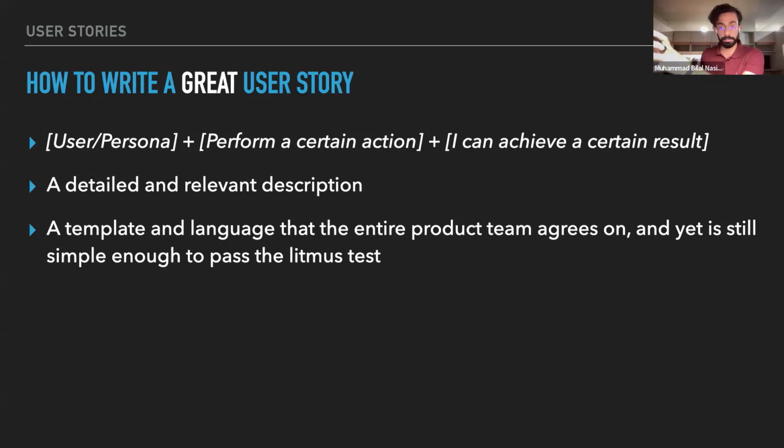And the third thing that adds, I would say, like the cherry on top, is the template and language that the entire product team agrees on, and yet is still simple enough to pass the litmus test. The litmus test that we saw at the start of the presentation should be good enough for a user that has no idea of what the product is कि उसके भी समझ में आ जाए. If a story fulfills all of these three things, then it can definitely be considered a great user story.